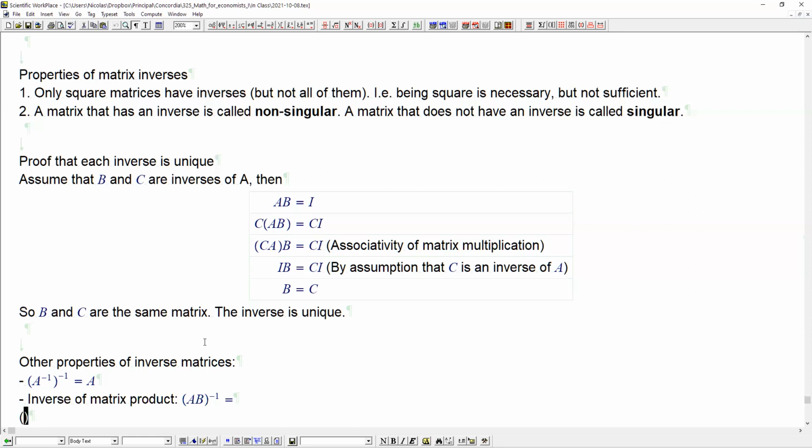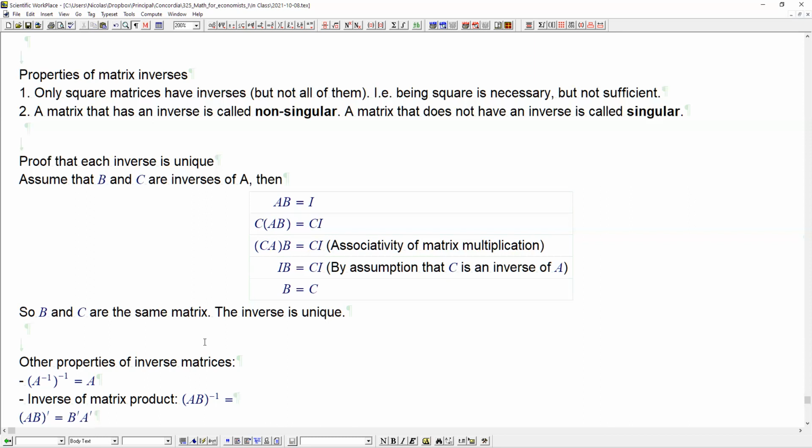If I have AB transpose, what was that equal to? Was it just BA? Yeah, but something is missing. It was B transpose, A transpose.